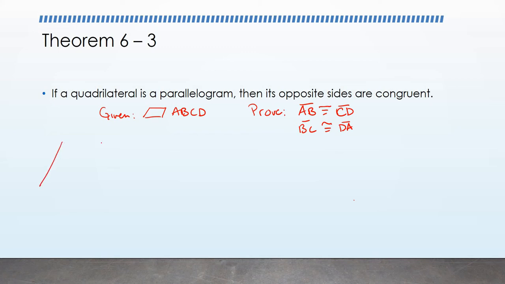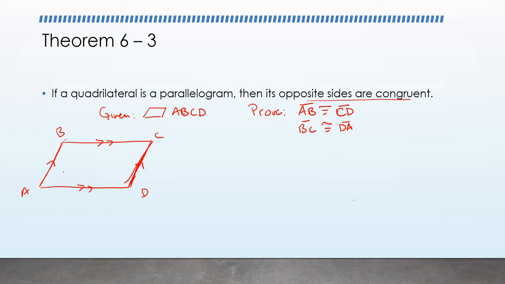So here's my parallelogram. A, B, C, D. Since I'm told that it's a parallelogram, I do know that I've got sides that are parallel to each other. And I want to prove that AB and CD are congruent. That's our theorem. And that BC and AD are congruent.